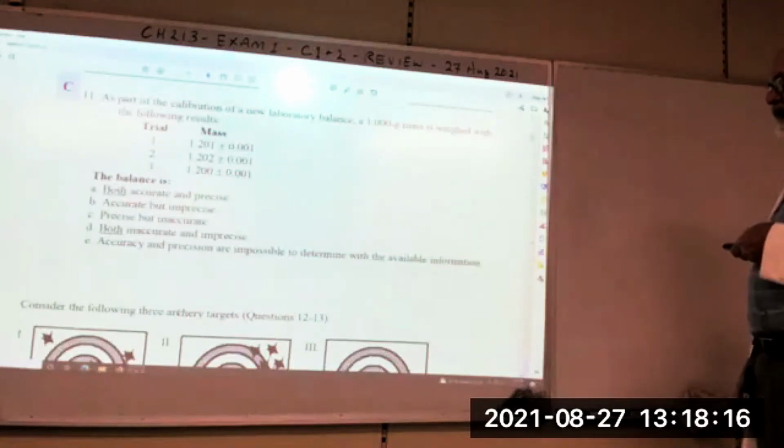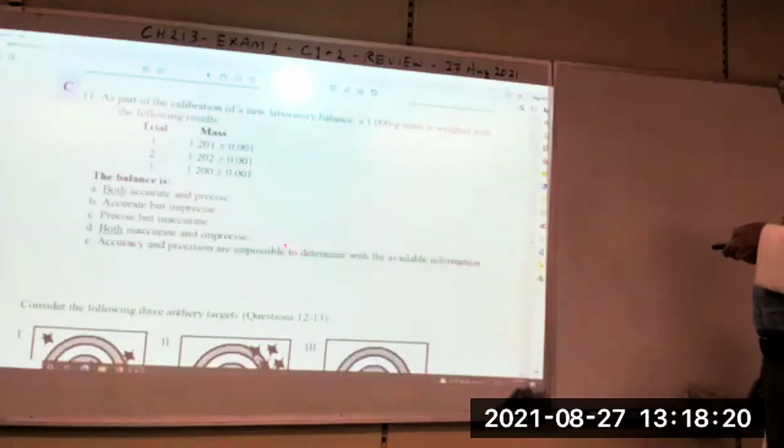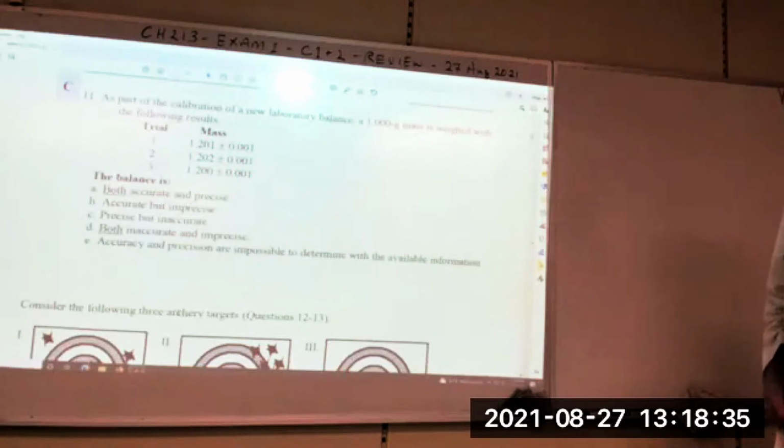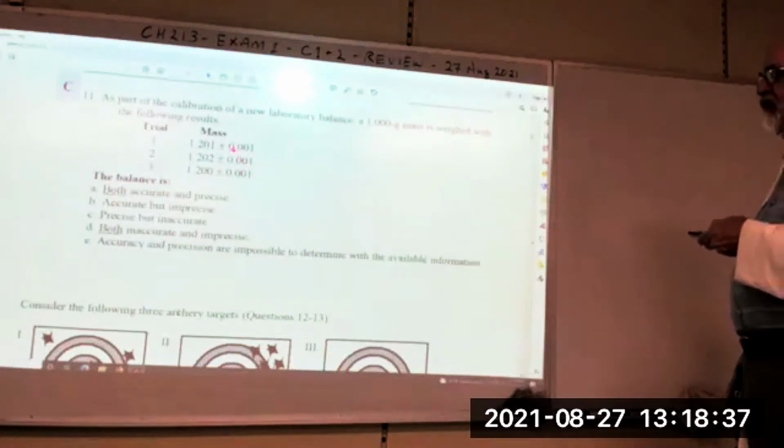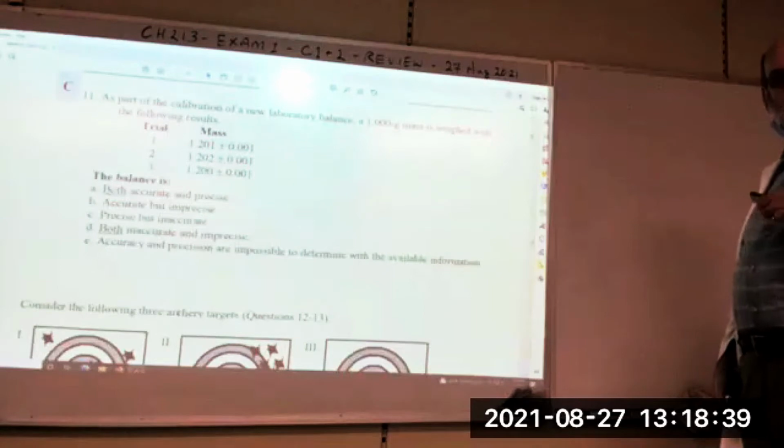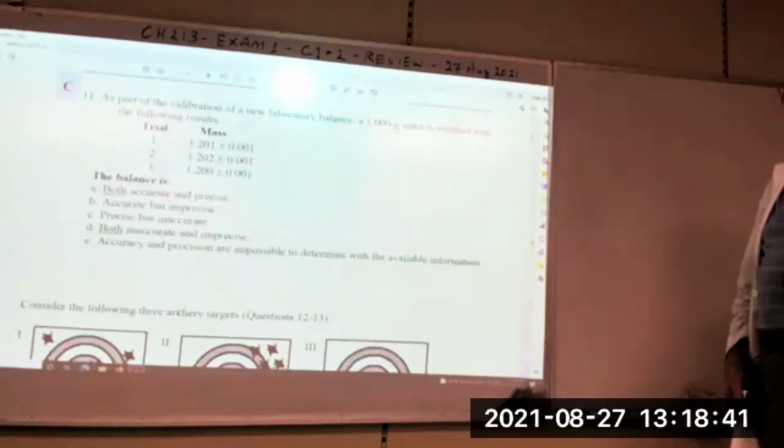So how accurate is that measurement? It's not accurate at all. But the precision is pretty good, right? It's only off by 1,000th here. This is another way of expressing the precision of a measurement: plus or minus this value. It's called a confidence interval.